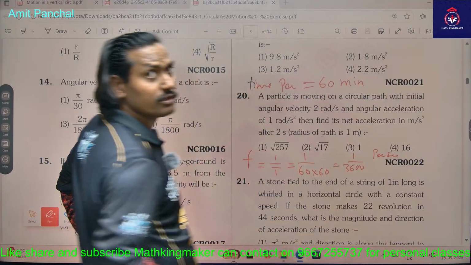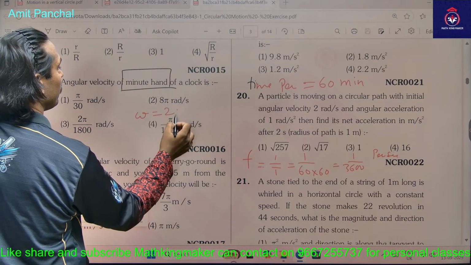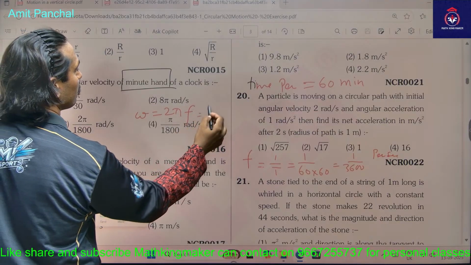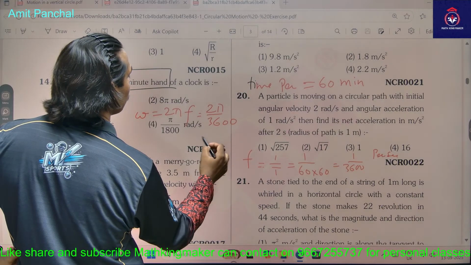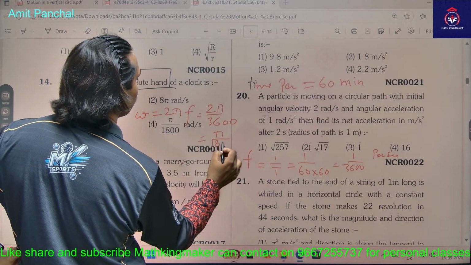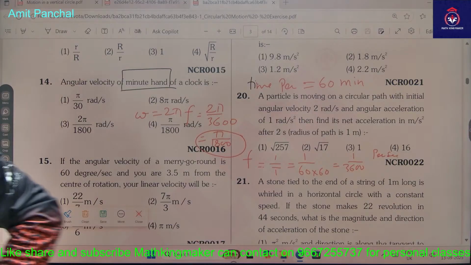What is omega? Omega is 2 pi f. So 2 pi into 1 by 3600 will be pi by 1800. That is the only concept used here.